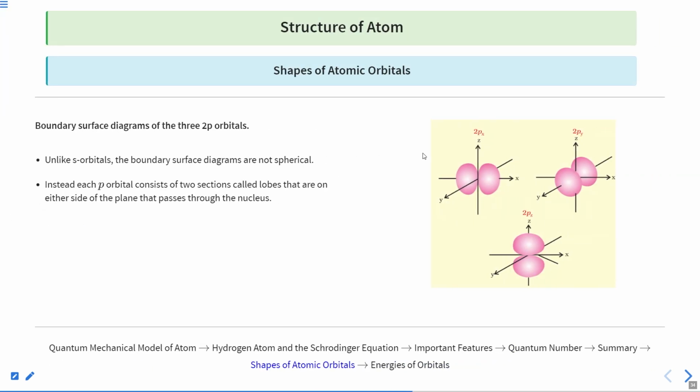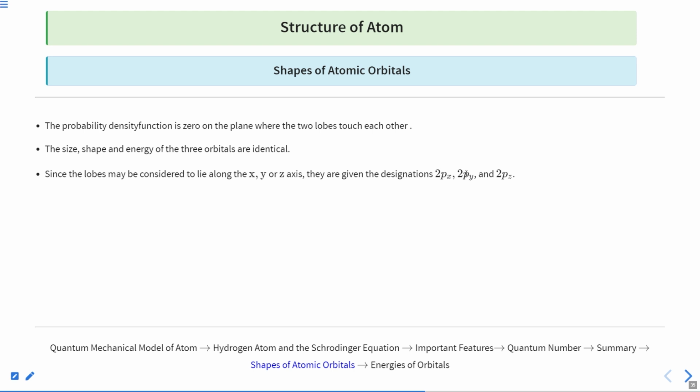Now, if you talk about the p orbital, this is the shape of the p orbital. You will get a plot like this. Here you will get electron density, and here you will get electron density, so it is forming a dumbbell. This is the shape of p orbital. Clear? Got it?